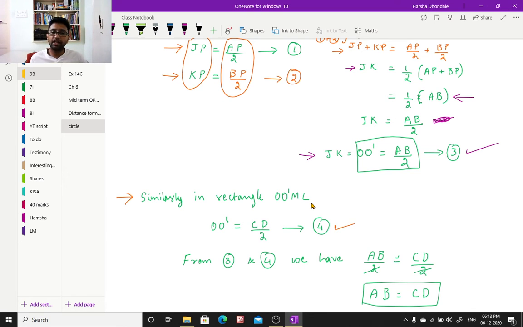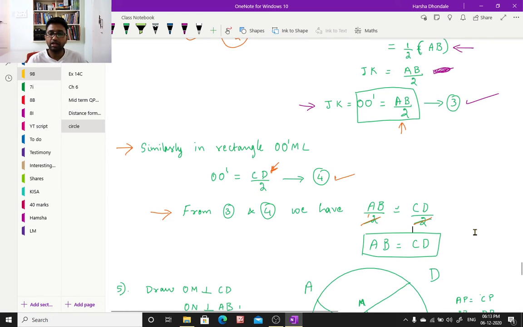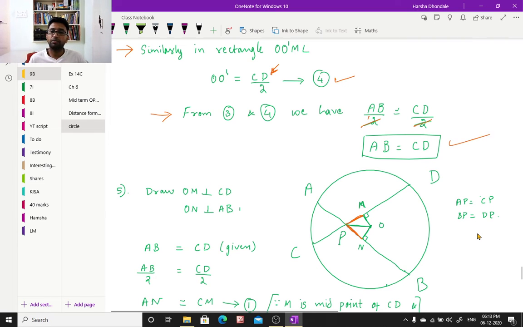Now from 3 and 4, OO dash is equal to this, and OO dash is also equal to this. Therefore, AB by 2 is equal to CD by 2. I can cancel this 2 and this 2, and I get AB is equal to CD. That is my second result that I was supposed to prove, and I proved that.